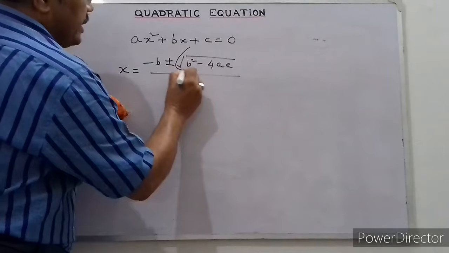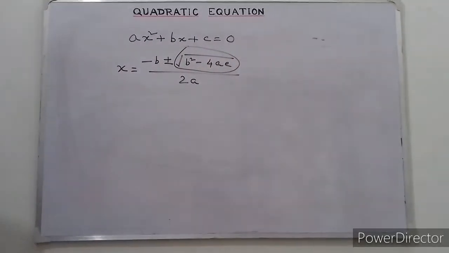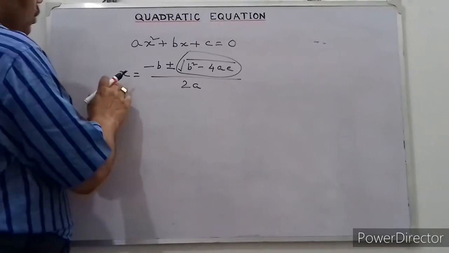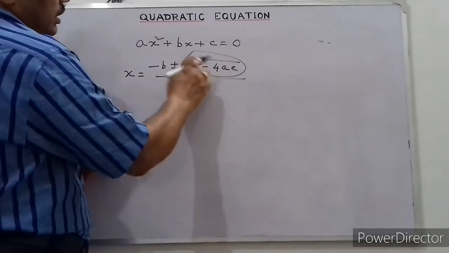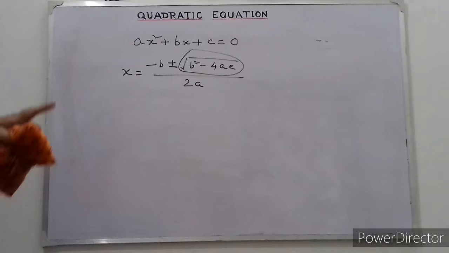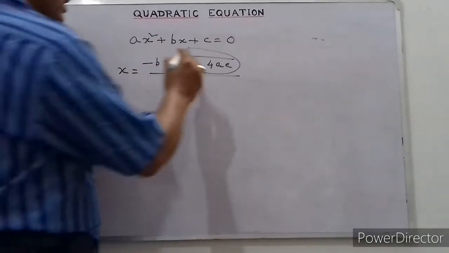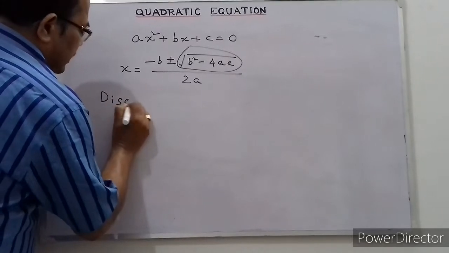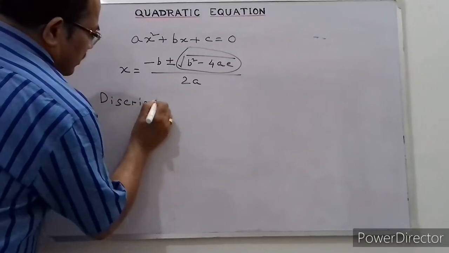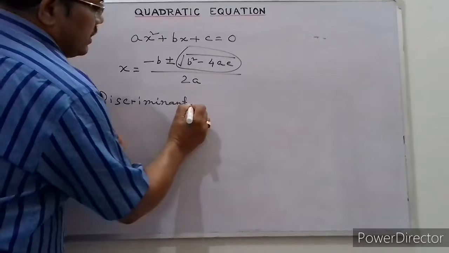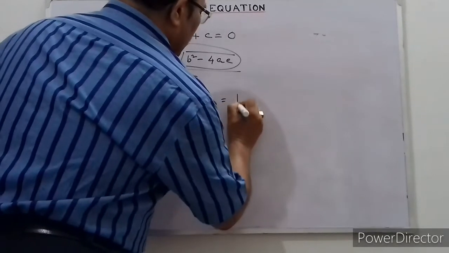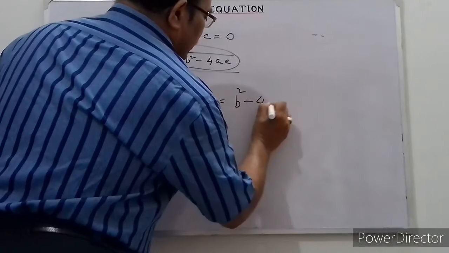So this is a very important term, root b square minus 4ac, because the value of x depends on this. So this is called a discriminant, and it is denoted by capital D equals b square minus 4ac.